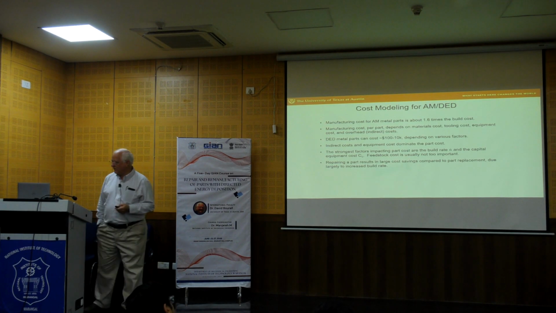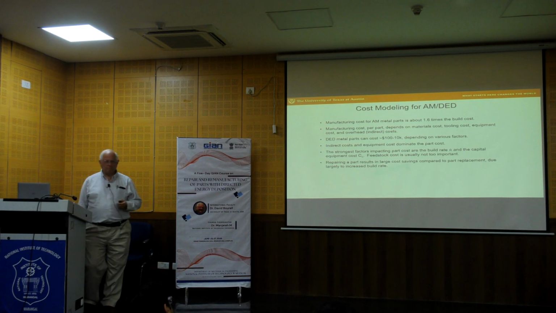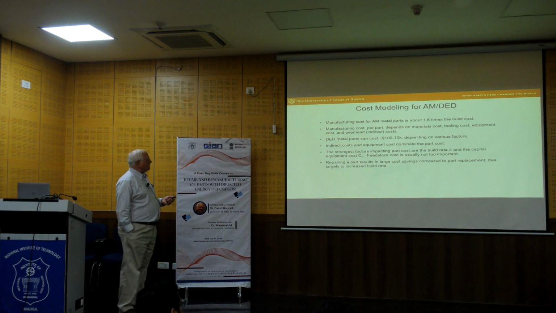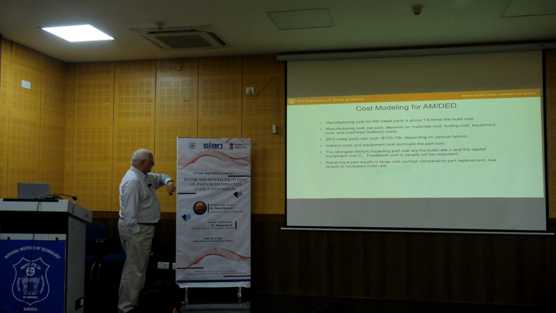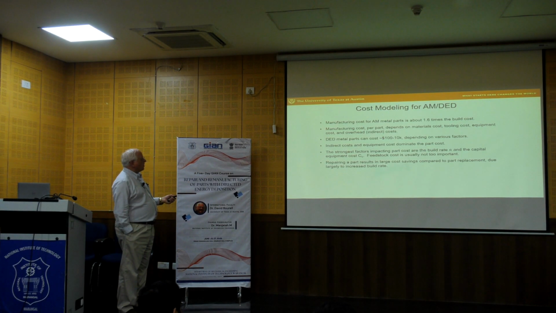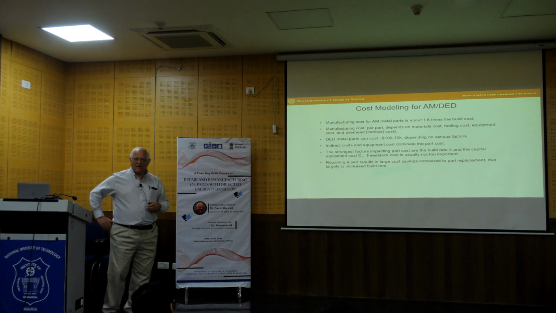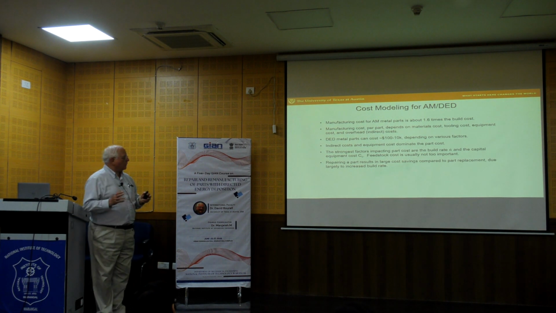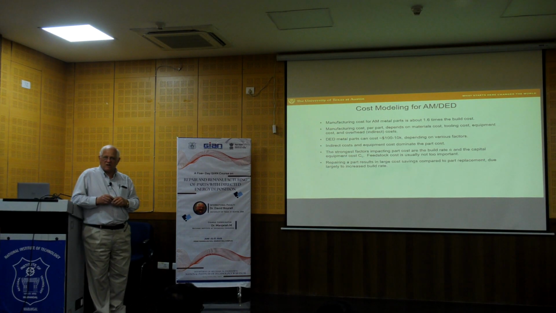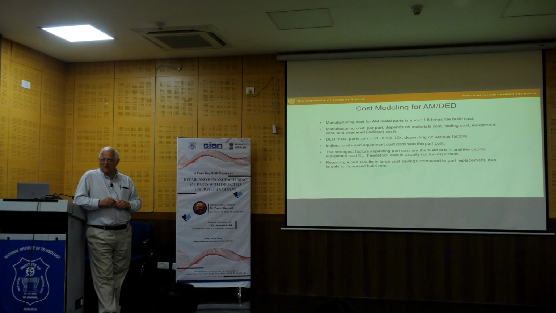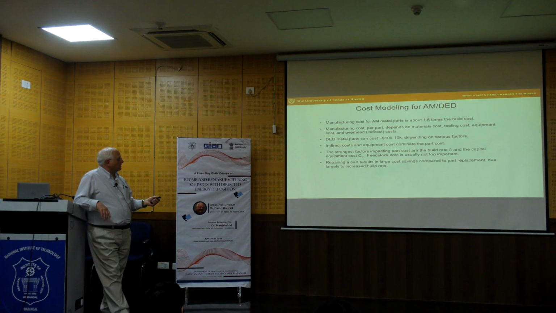So here we are. To finish this up, we have this cost model, the manufacturing cost. Again, the important thing to remember is that the total cost is about 1.6 times the build cost, and that seems to cut across virtually all of additive manufacturing.